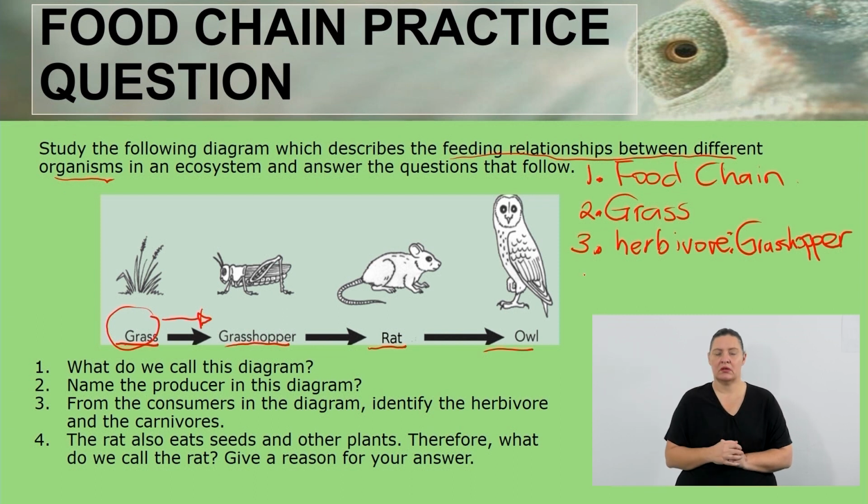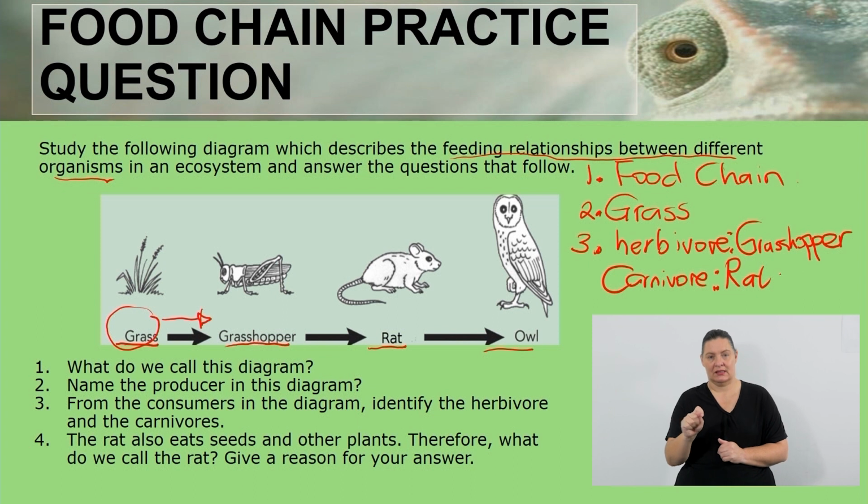I think that's fair. And then we are going to move on to our carnivore. Our carnivore in this case is the rat and the owl. Because if you look at our question, it says carnivores. So that's more than one.